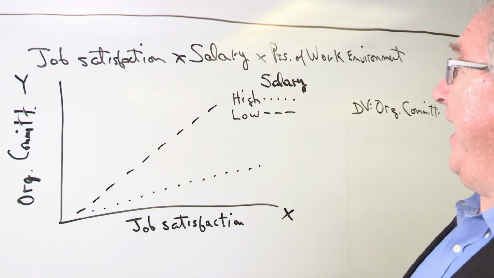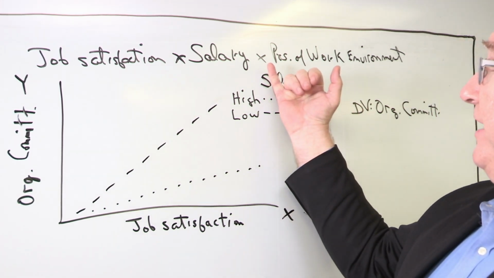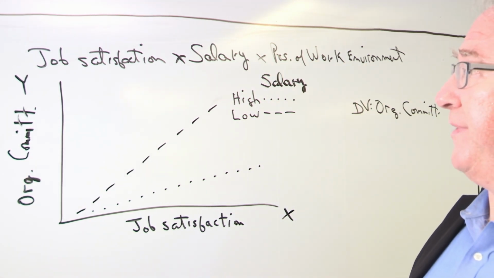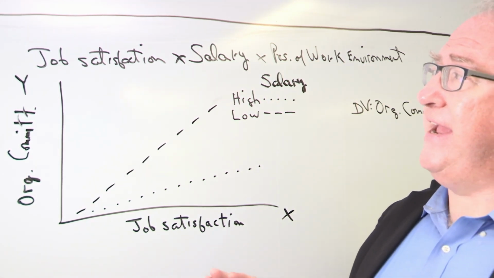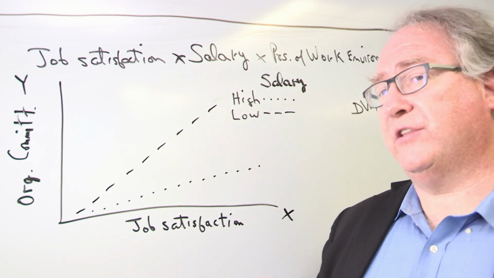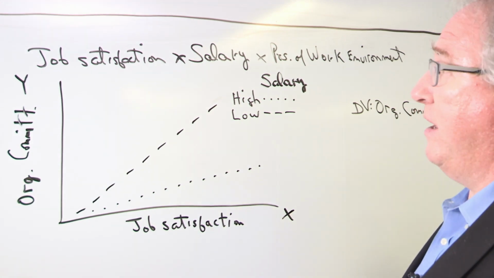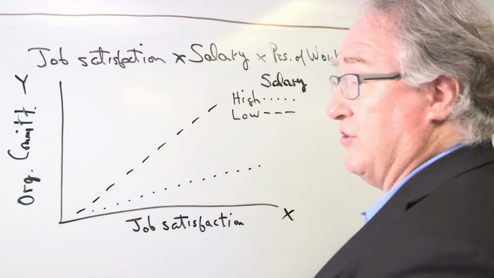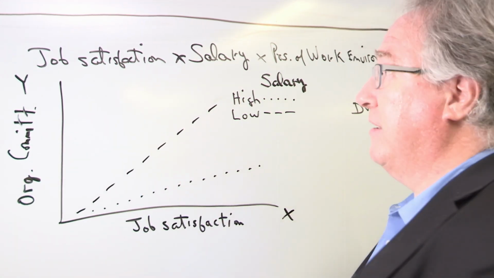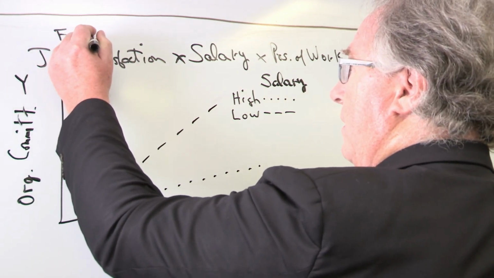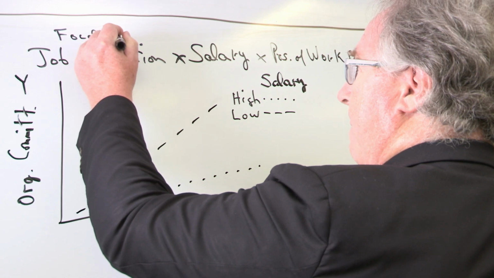Okay? And that's all I needed to do to get to the three-way interaction was add that additional predictor variable. Okay, and then let's go ahead and look at the different components of the three-way interaction. Well, job satisfaction is going to continue to be our focal predictor.